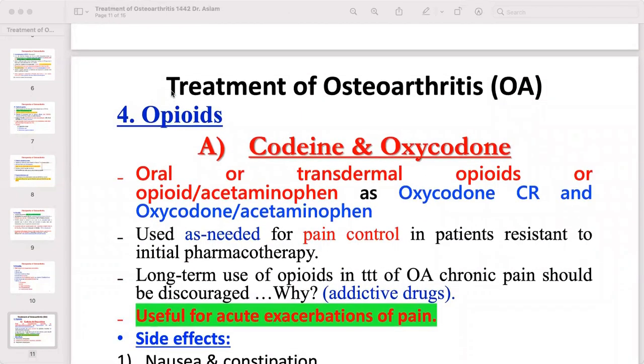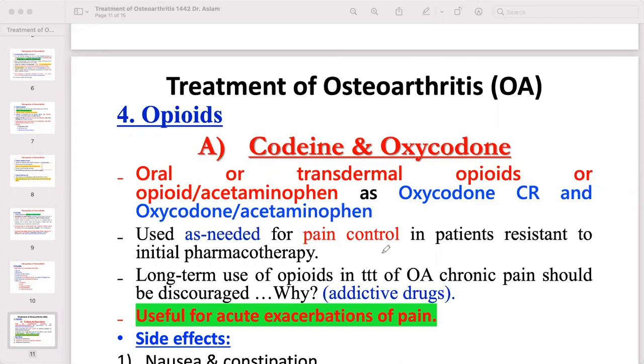The fourth option for the treatment of osteoarthritis is opioids. Examples are codeine and oxycodone. As we know, opioids are addictive, dependent drugs, so they are not first line.